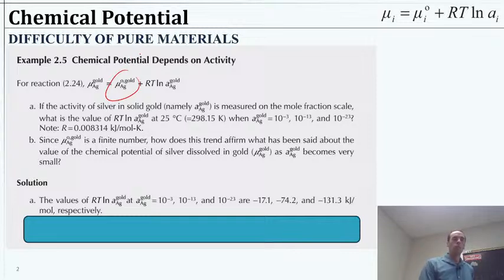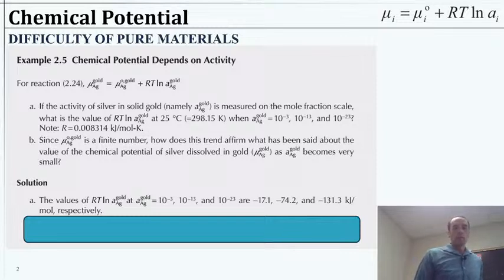No. So we can take a look at least at the right side of that equation, which is probably what they asked us to solve for, right? Yeah, what is the value of RT ln of the activity? So calculating those, we can then consider, given some value for the standard state, that gives us something to think about, which is part B.